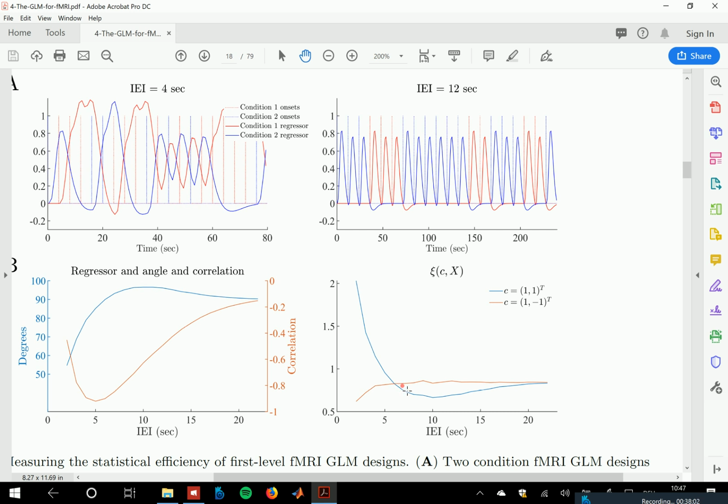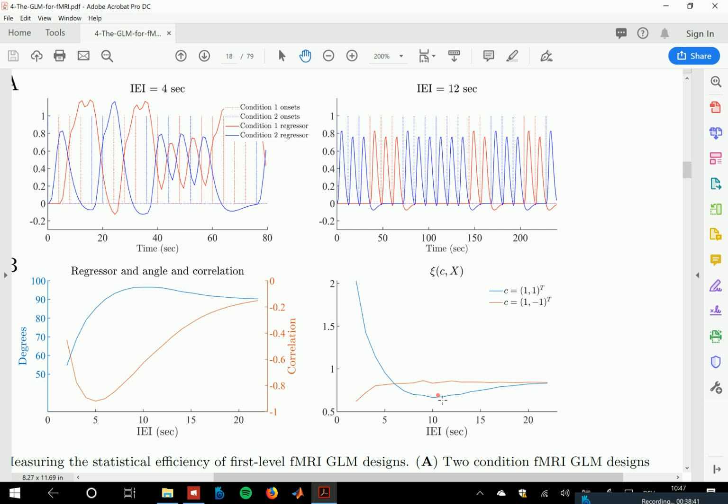You get higher statistical efficiency, definitely not in the very beginning, but it rises to a certain level, which it reaches around 6 seconds or so, and then it stays at that. And you get higher statistical efficiency for detecting differences than for detecting only the response to either stimulus, at this intermediate, or let's say 10 seconds, of inter-event interval.